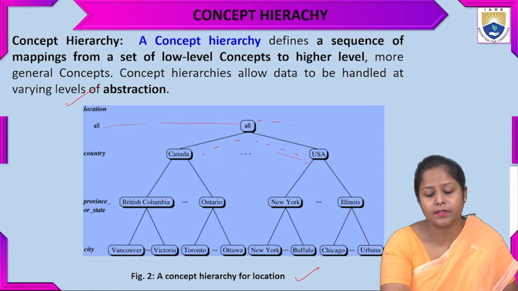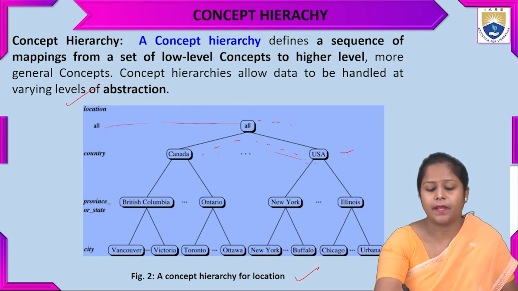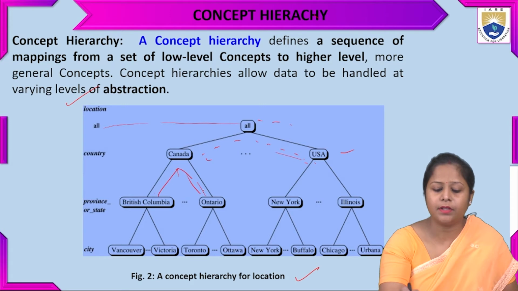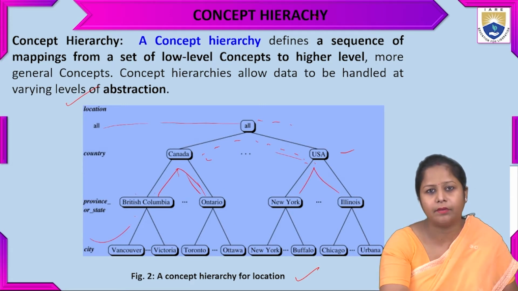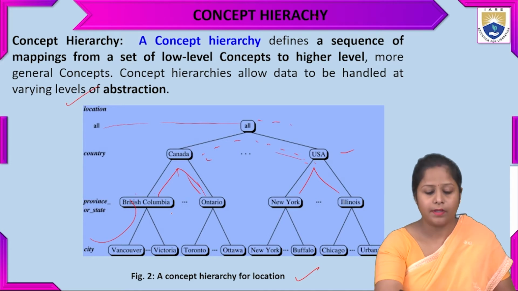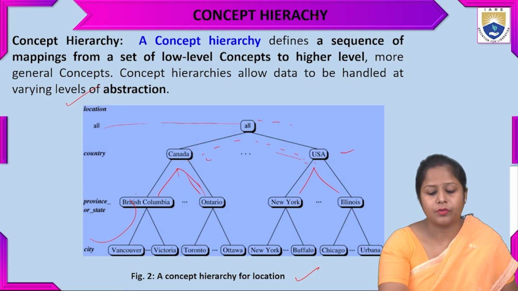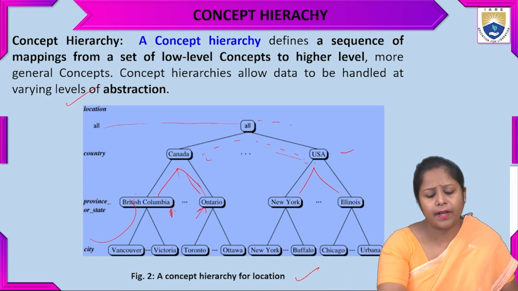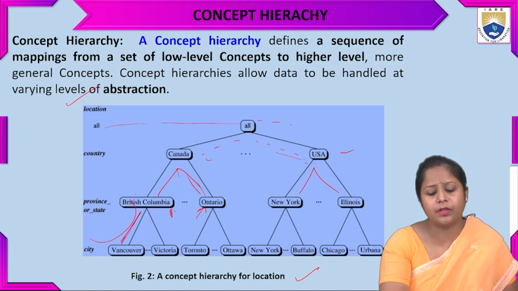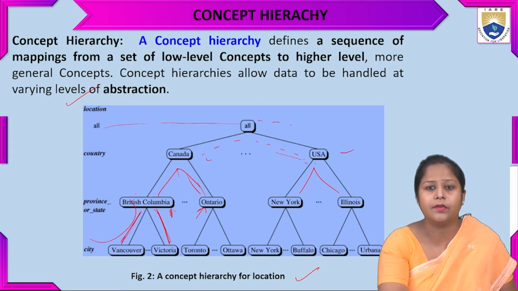In this location data, there are Canada and USA, and each country will be divided into its subcategories. That will be divided into the form of province or state. So in Canada there will be British Columbia and Ontario, right? At the lower level, that will be divided into cities, different cities.